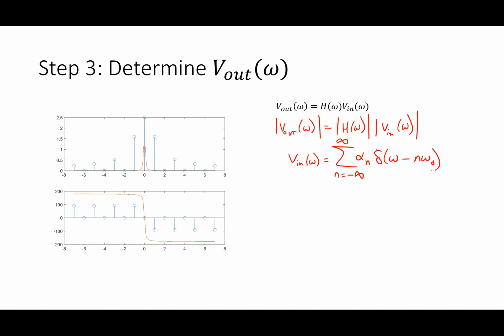So what that means for the output is that V out of omega, because it's H of omega times V in of omega, is also going to be a series of impulses. The only difference is I'm going to take the alpha n values and multiply them by the value of H at that particular frequency. So there's going to be impulses at all the same frequencies, because there are sine waves at all the same frequencies.